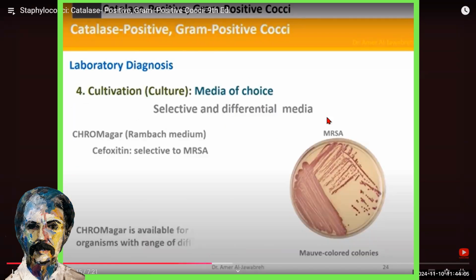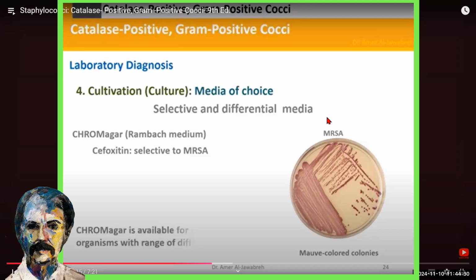So there are some researchers who work only on a certain bacteria. Some people work only on staph, so they are specialized in staph. In order to save time and effort, they select a media from which you can tell whether this is Staph aureus or not, like the media called chrome agar. What is chrome?